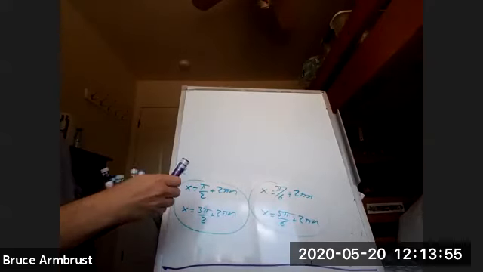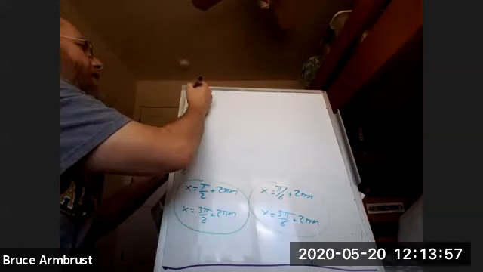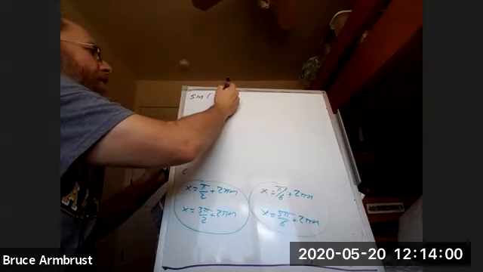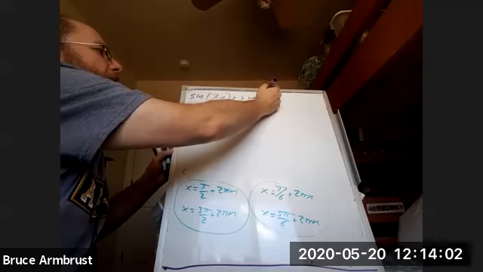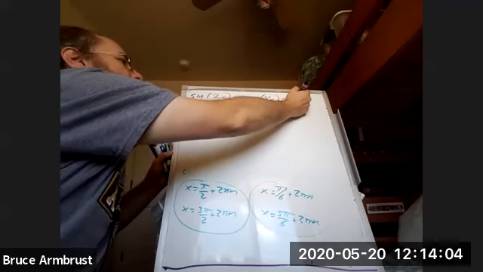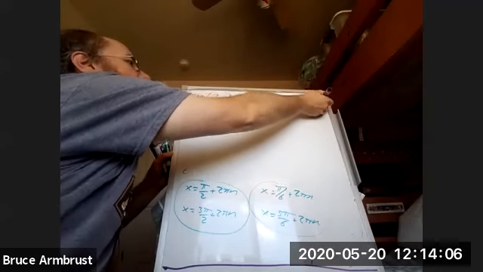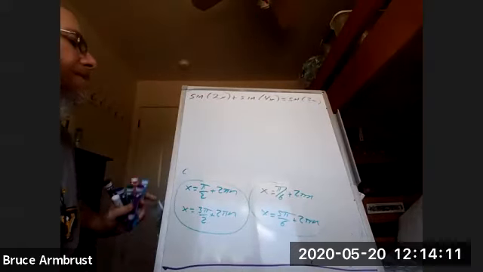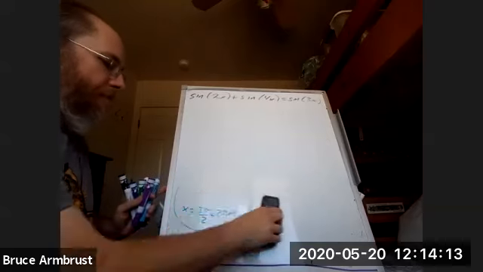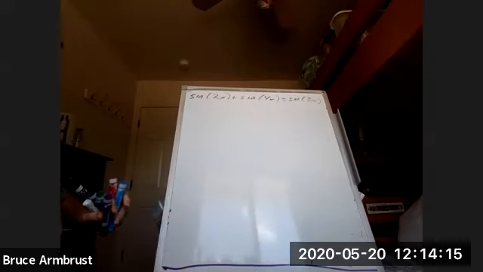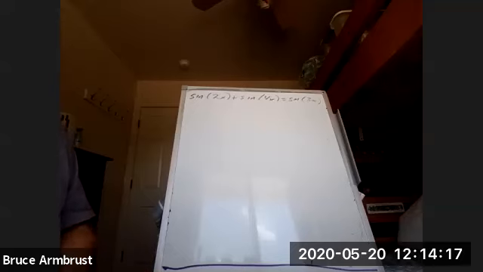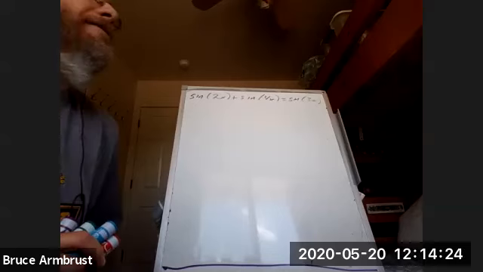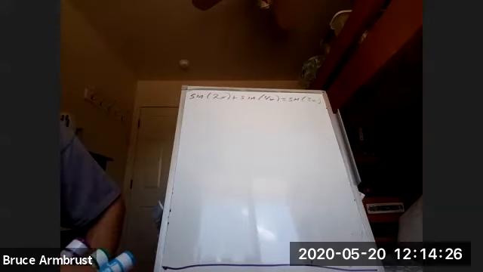All right, so for this one, let's say we've got sine of 2x plus sine of 4x equals sine of 3x. So at first, you might look at this and go, awesome, it's all sines. We already have the same trig functions.